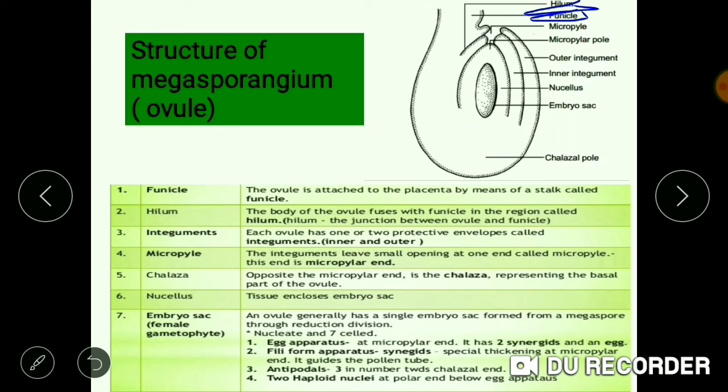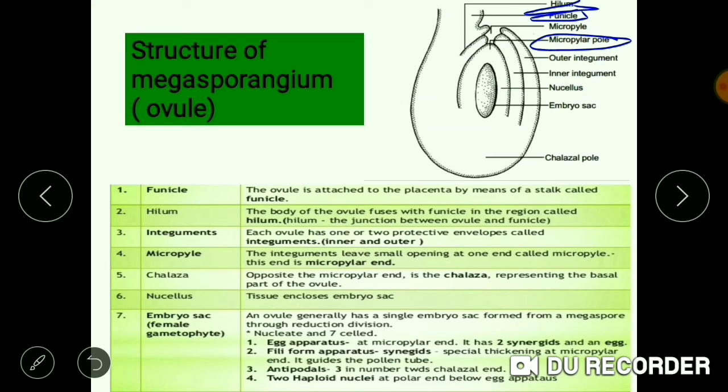Micropyle is a small opening where the pollen tube enters, present at one of the ends, which is also known as micropylar end. So micropyle is a small opening through which the pollen tube enters, and that end is known as micropylar end.